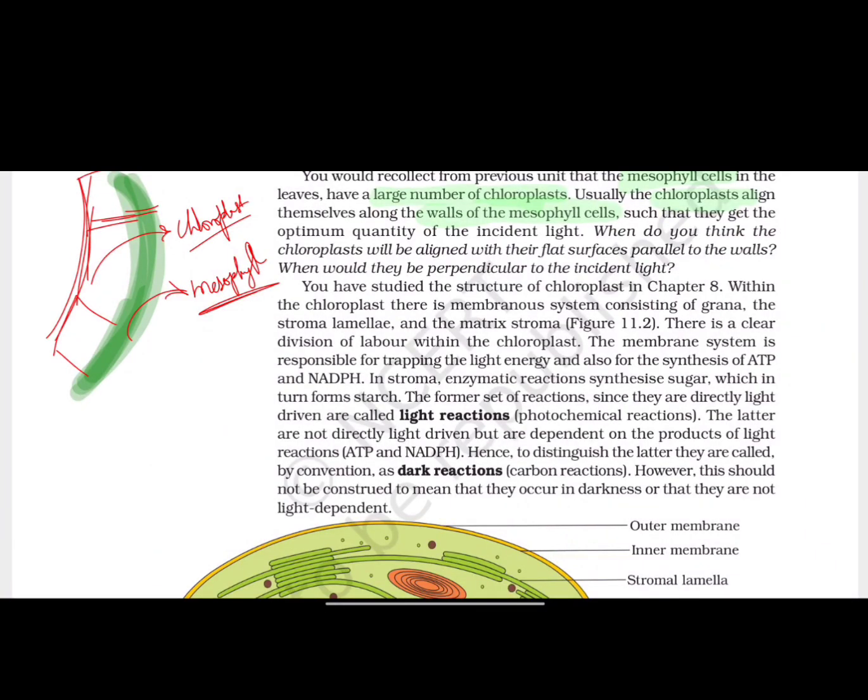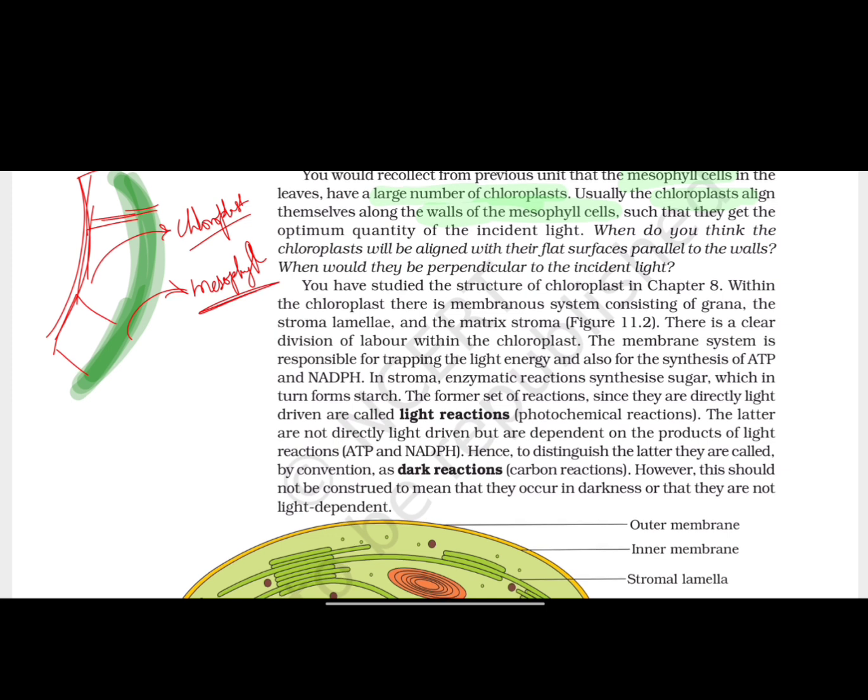We have studied the structures of chloroplast in chapter 8. Within the chloroplast, there is a membranous system consisting of grana. So this is the chloroplast.